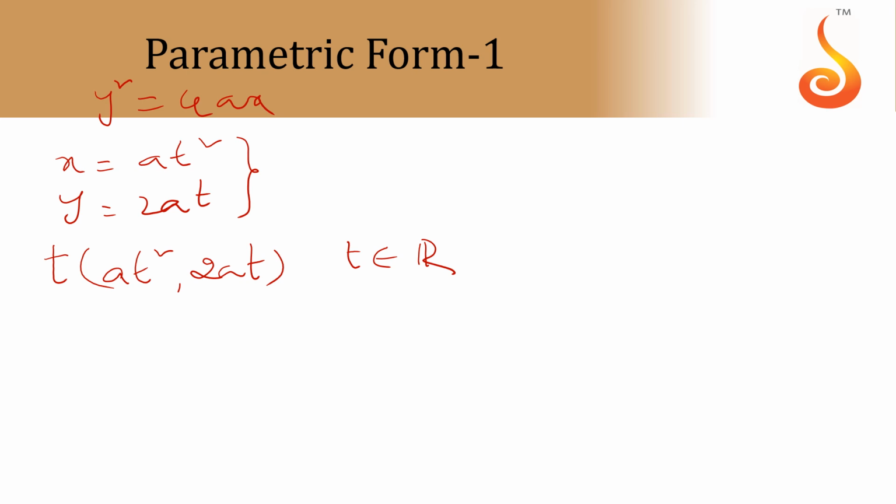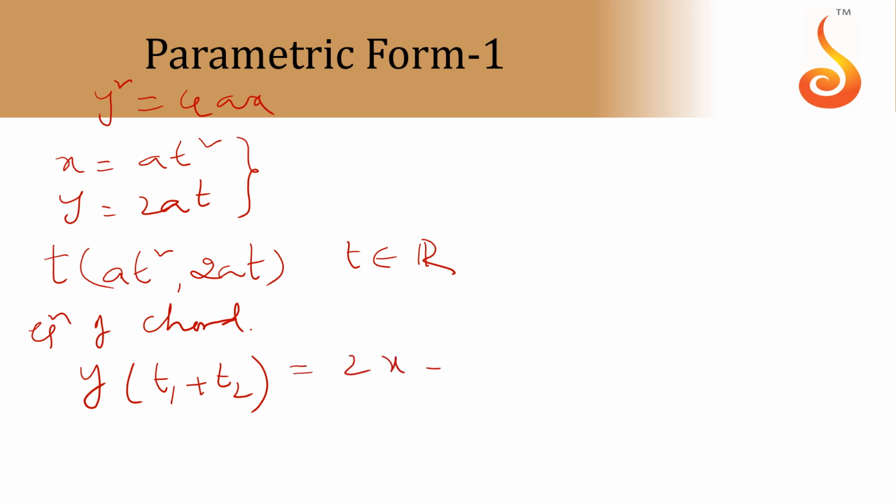With this parameter t, we can understand the parabola very easily. Suppose I ask you, on a parabola, if t1, t2 are two points, what is the equation of the chord? The equation of the chord will be y into t1 plus t2 is equal to 2x plus 2a t1 t2.